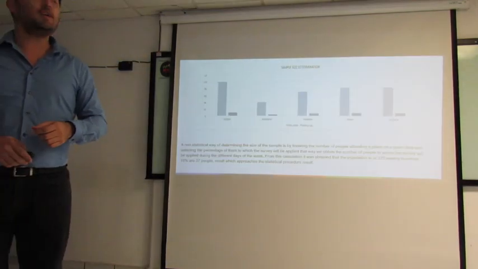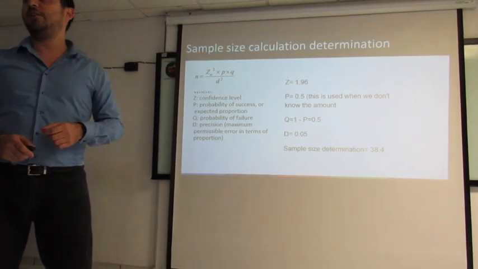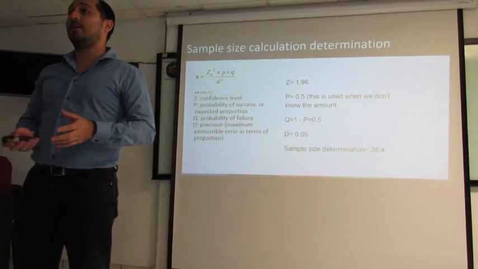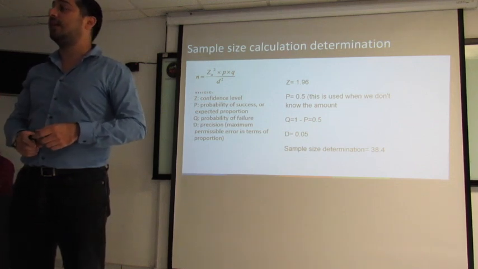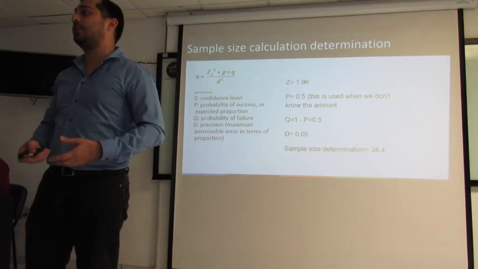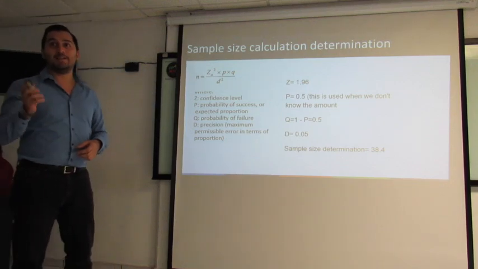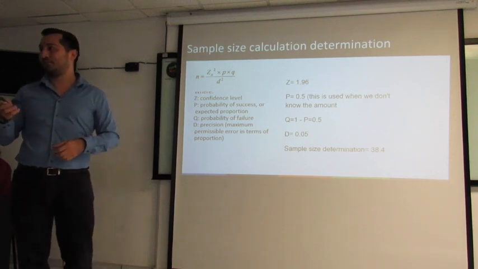With this information, we came down to a sample size of 38.4, which means we need actually very few surveys to get a representation of the total population of craft beer drinkers in Colima.